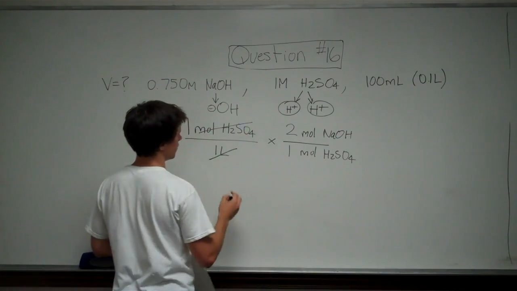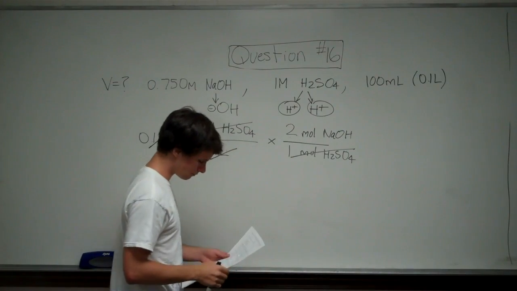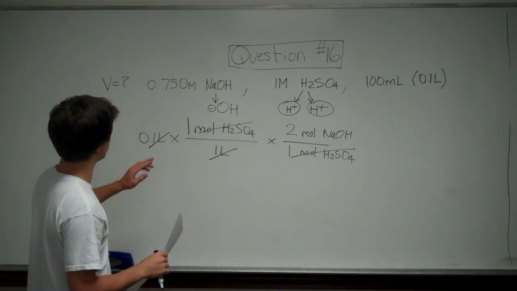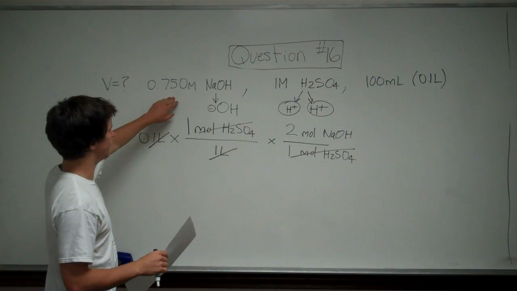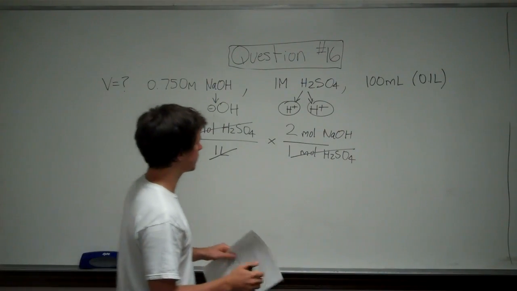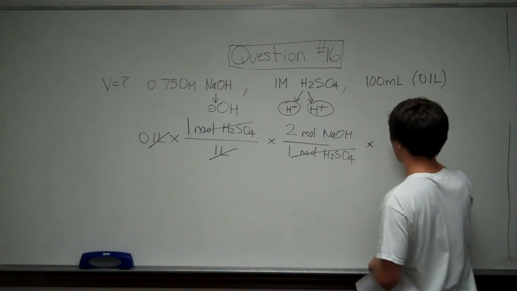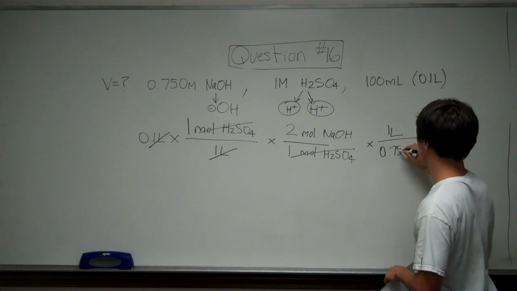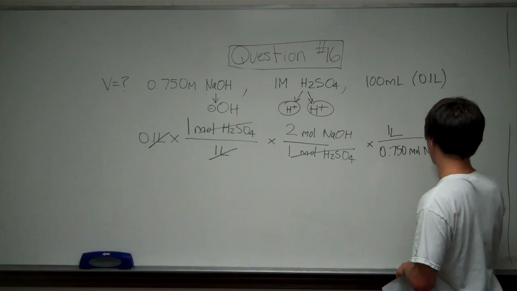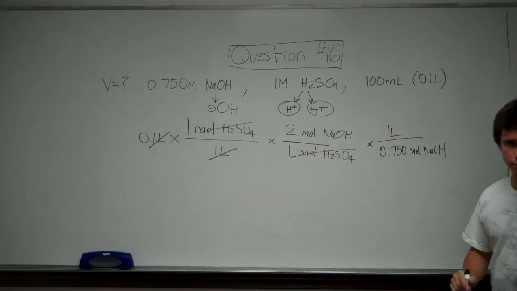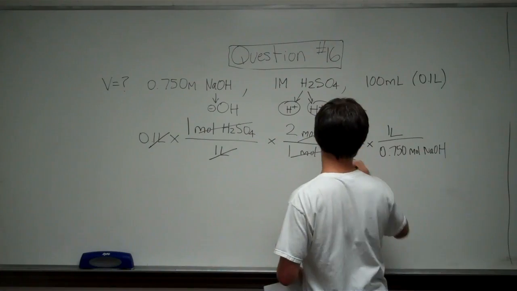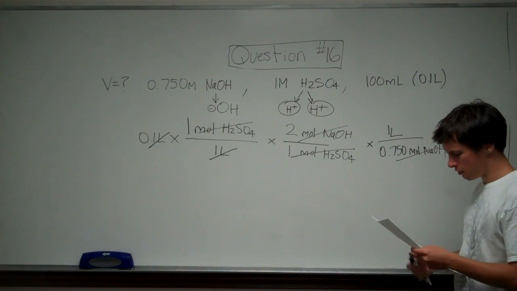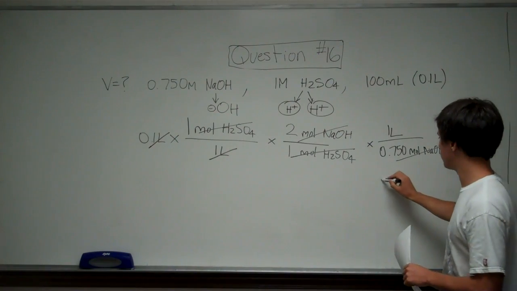So the moles of H2SO4 cancel out. And now all you need is the volume. So this is a 0.750 molar solution. So that means for every 1 liter, you have 0.750 moles of NaOH. So the moles of NaOH cancel out. So now you're up to liters, but they want the answer in milliliters.